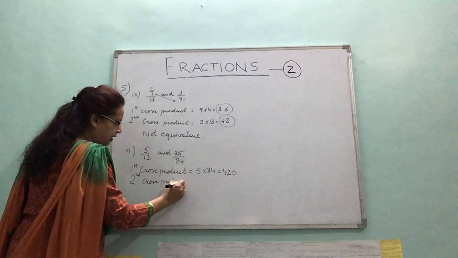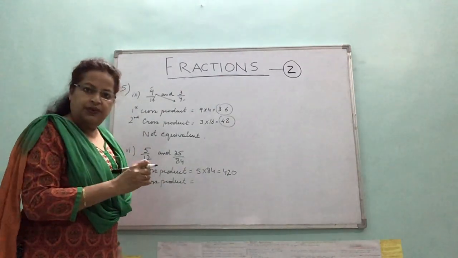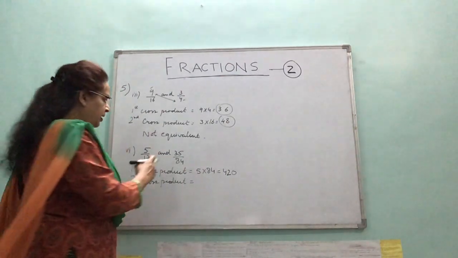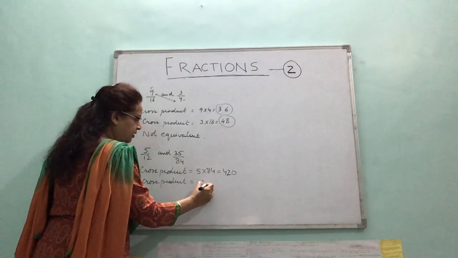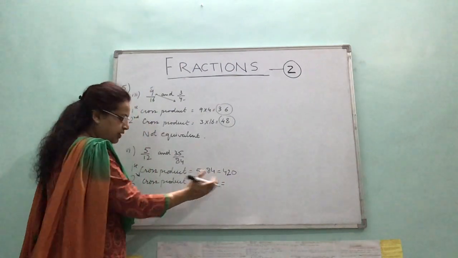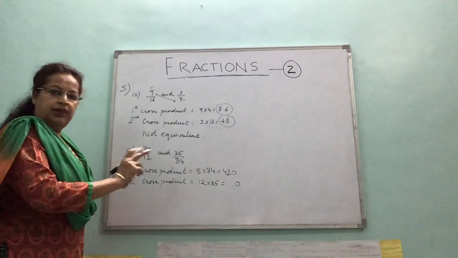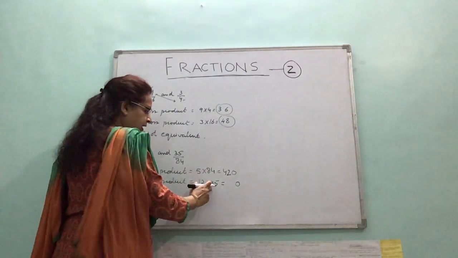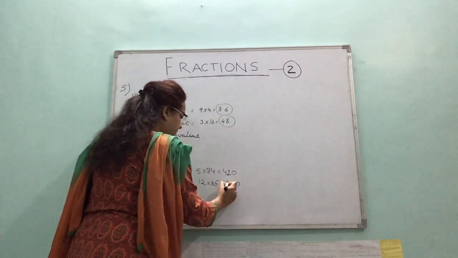Make sure that you write all this, children. Do not avoid written work, because the more you write, the more you understand. So, second cross product, it is 12 into 35 or 35 into 12, no matter which order we write. 12 5 times is 60, 6 carried over. 12 3 times is 36, 36 plus 6 is 420.